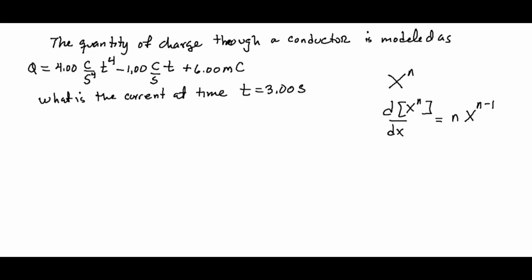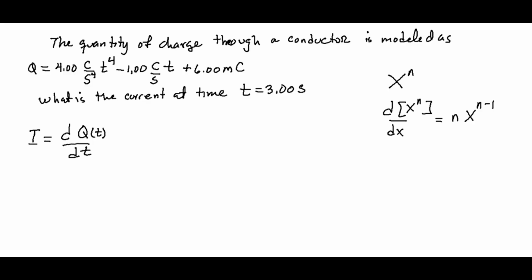So why do we have to remember this? Because now we have Q, the charge as a function of time, and you want to find the current. The current is dq dt, but Q is a function of t, so it's dq of t dt.